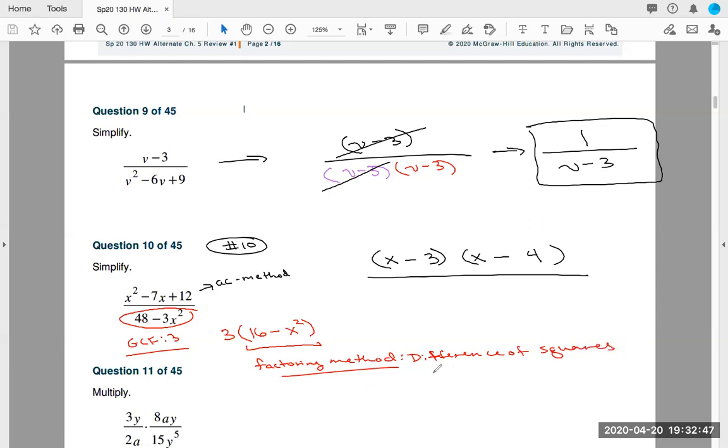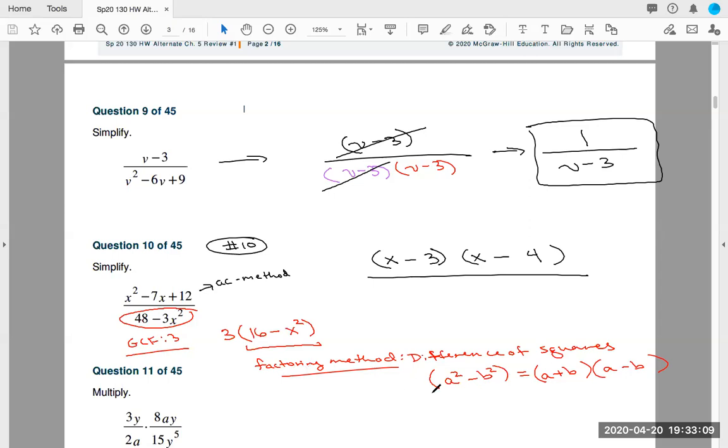Essentially, if you have a squared minus b squared, it breaks into two binomials, a plus b, a minus b.